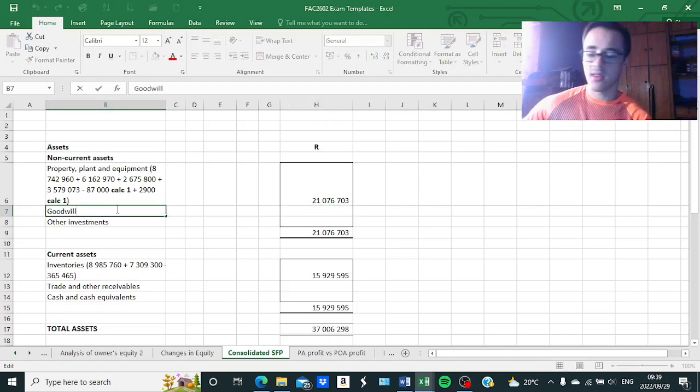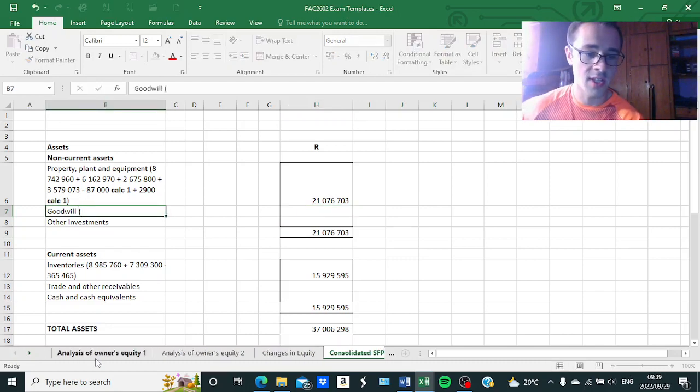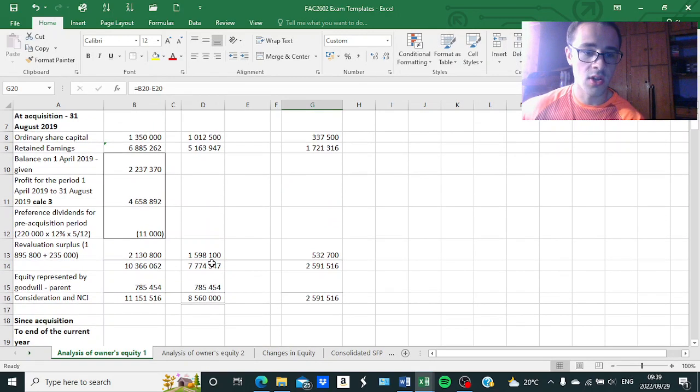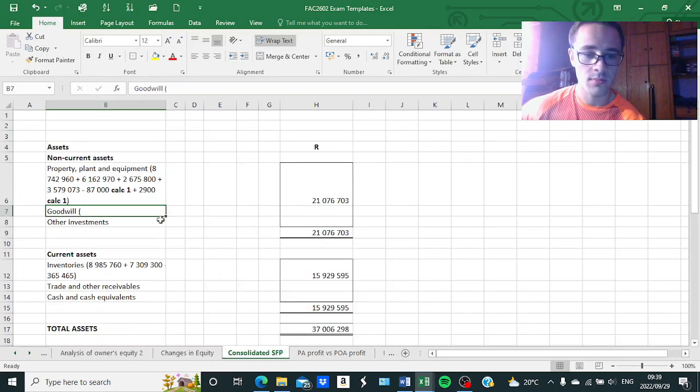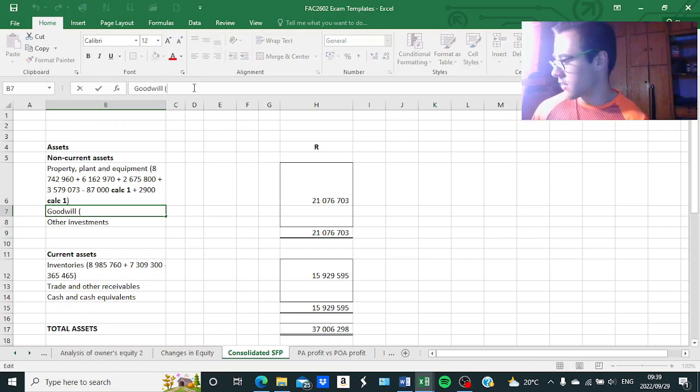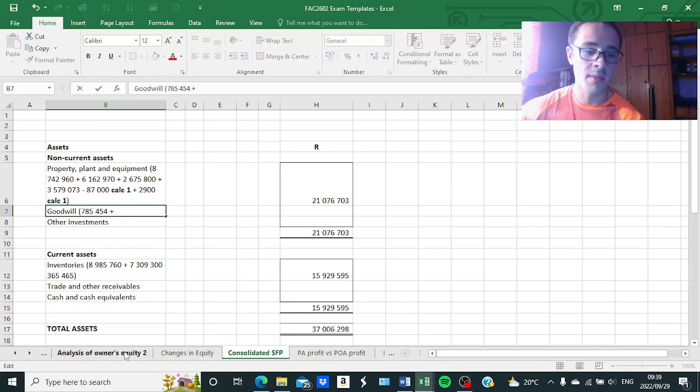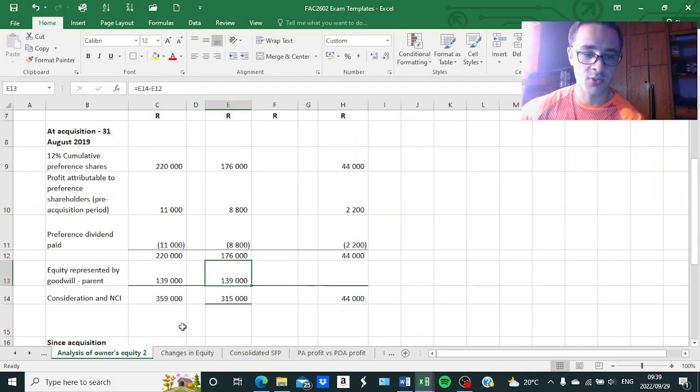Then the amounts for goodwill, we will refer to our analysis of owner's equity. For our ordinary shares, it would be 785,454. And then we will add the amount for goodwill paid for preference shares, which is 139.